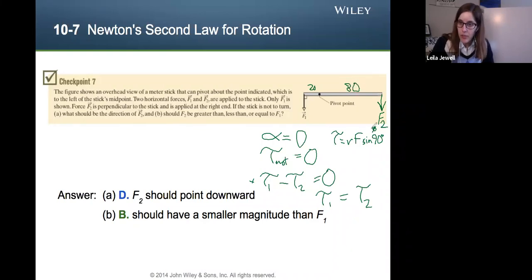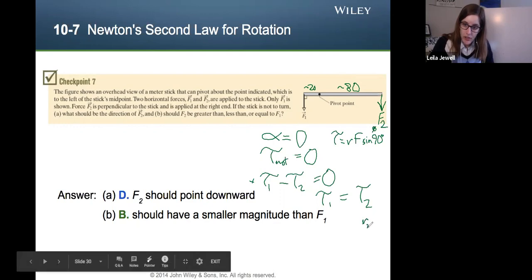We don't know the exact numbers, those are guesses. But what does that mean? That means the r for F2 is much, much bigger. So if r2 gets so much bigger than r1, then the force on 2 needs to be much, much less in order for the torques to still balance out.